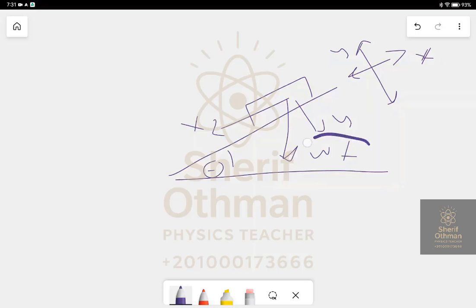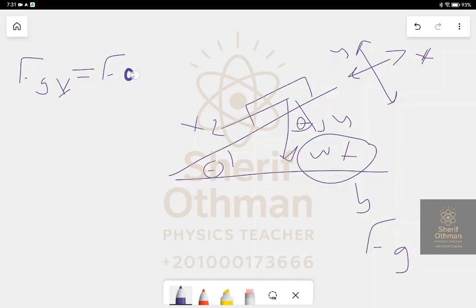Let's call weight Fg, which is the force of gravity. And by using mathematics, geometry, we find theta is here. This angle is equal to theta. So Fgx is equal to Fg, and the angle theta is away from x, so Fg sine theta.